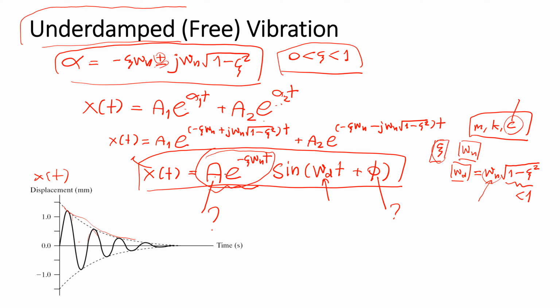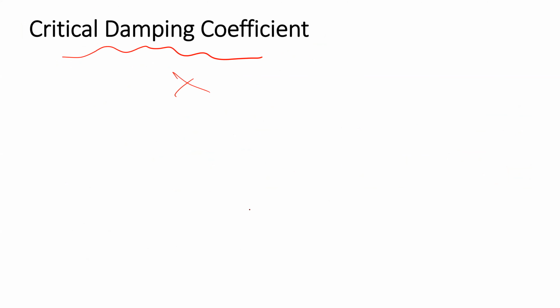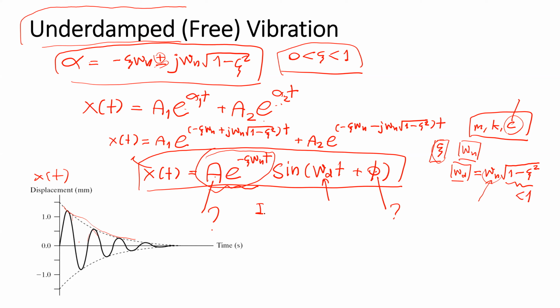These two parameters can be obtained from the initial conditions of the problem. We should have at least two initial conditions in order to obtain A and phi.